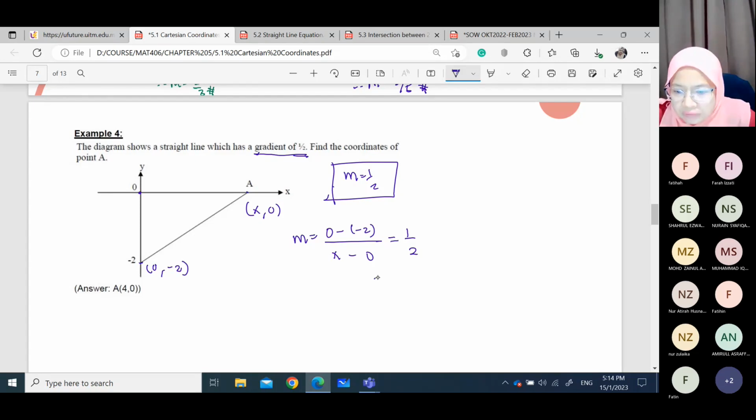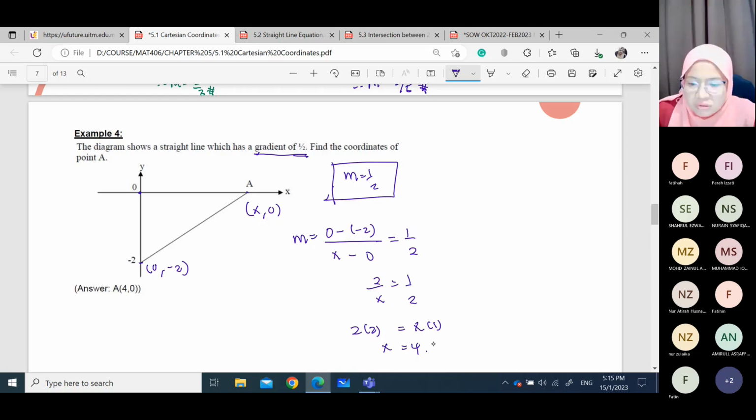Okay, so now we have 2 over x equivalent to 1 over 2. Okay, so find the value of x here. So bring this up. So we get 2 times 2 equivalent to x times 1. So x is 4.